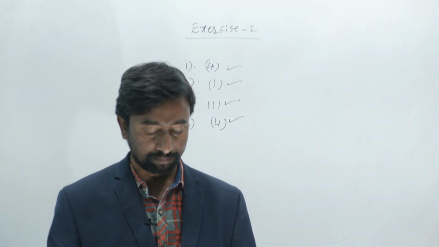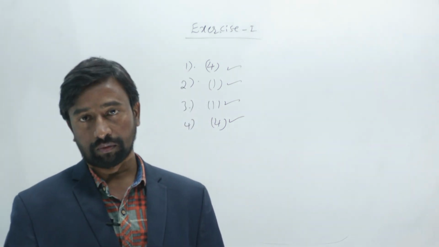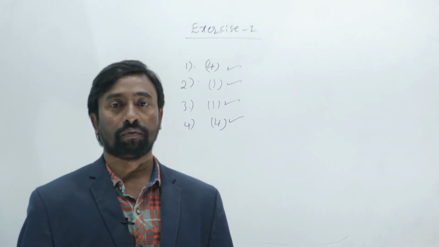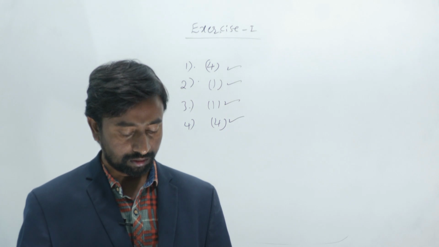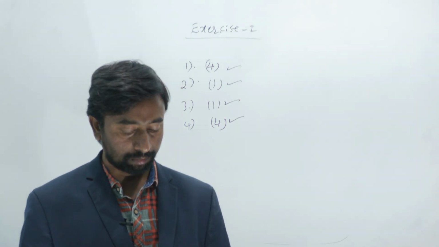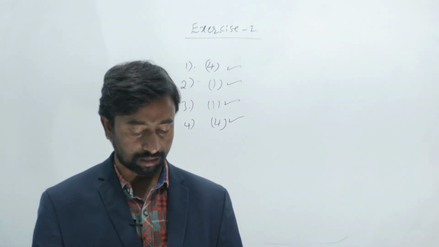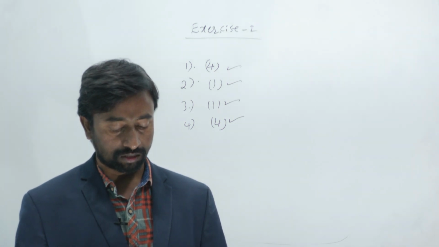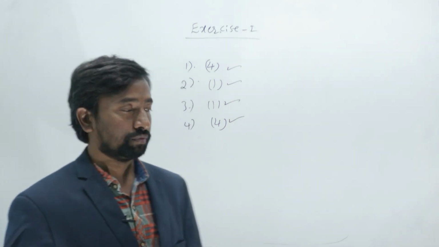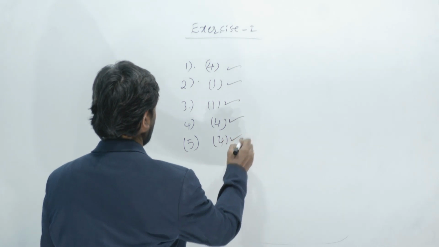If the mass is reduced to half or the velocity is reduced to half, the linear momentum will become half. Mass reduced to 1/4 with velocity doubled also gives half. So the fifth one is all of the above, the fourth option. Option 4 is right.